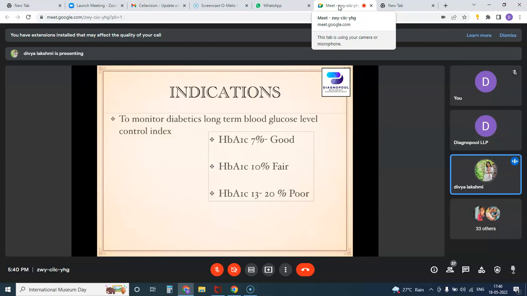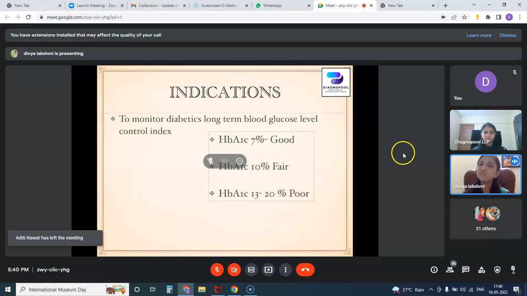In the individuals who are on treatment, like insulin or oral hypoglycemic drugs, we will do this HbA1c regularly in the diabetic clinic, and they will assess whether the treatment is good or not, or whether it should be changed to any other better medication. Because in individuals who are having HbA1c of less than 7%, it tells that the diabetes is well controlled. About 10%, it is fair control.